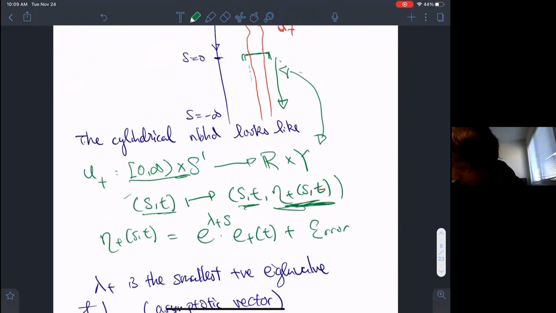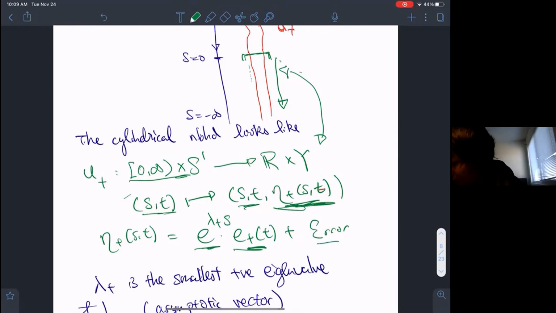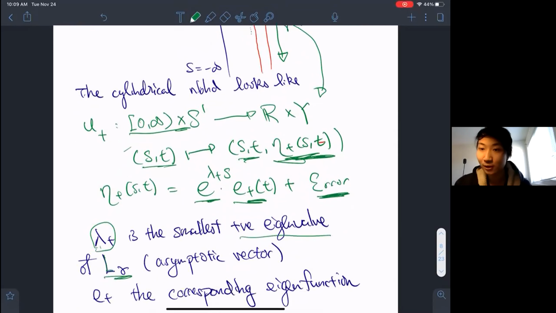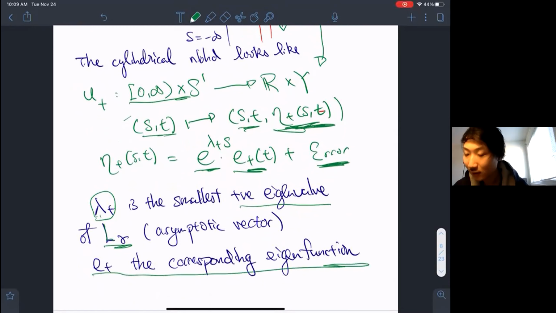It looks like some exponential decay term plus some function that depends on a function on S1, and then there's some higher order error terms. So here, gamma plus is the smallest positive eigenvalue of the asymptotic operator associated to the elliptic Reeb orbit, and E plus is the corresponding eigenfunction. So that's what the end of eta plus looks like.